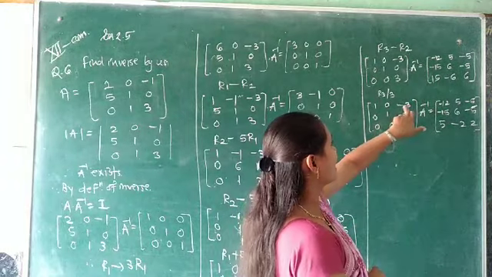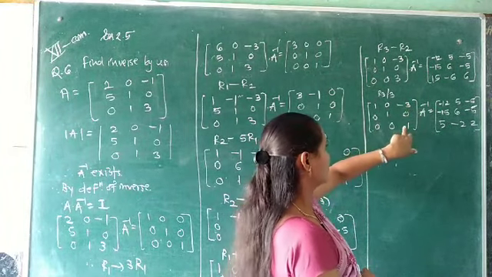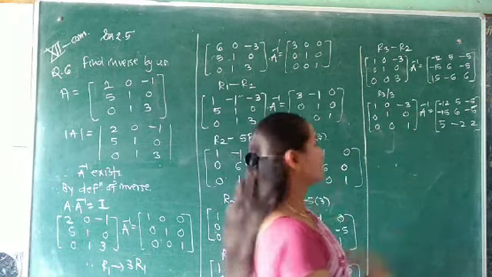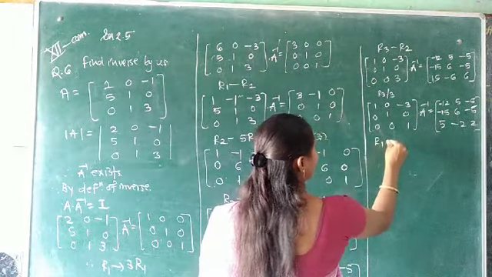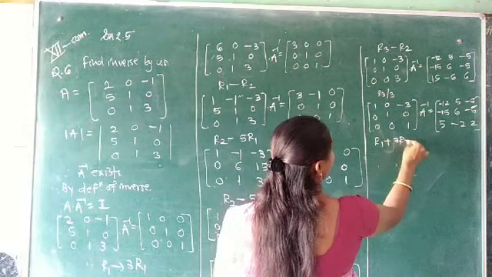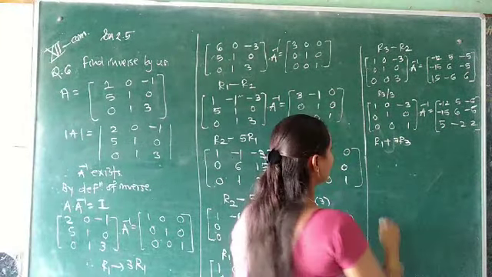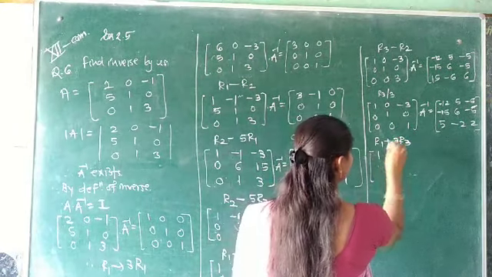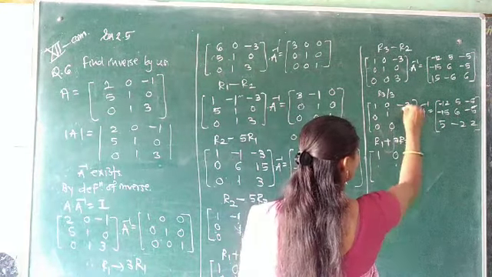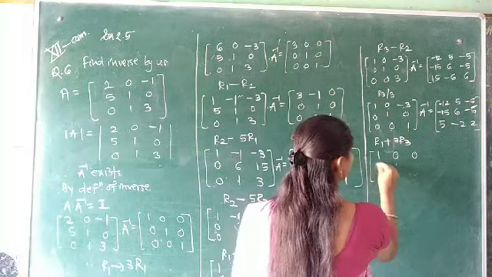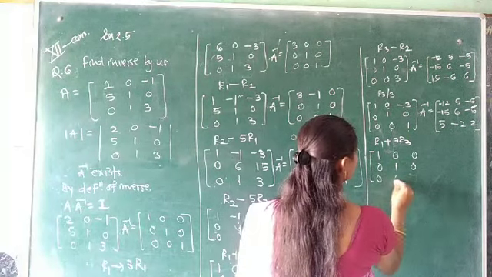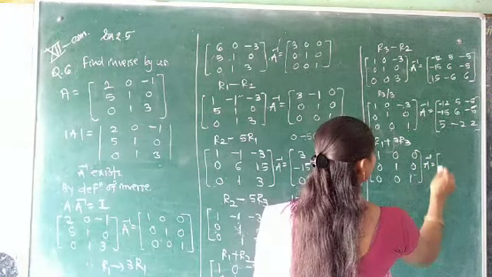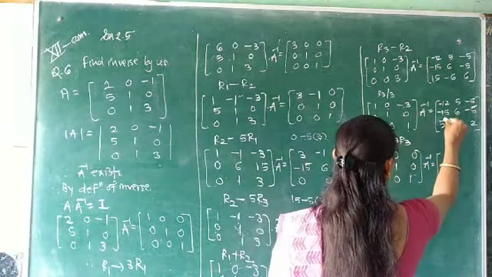Now we have to make minus 3 to 0. So here it is 1. So we multiply R3 by 3 and then take addition of these two. R1 plus 3R3. That is 1 plus 0, so it is 1. 0 plus 0, 0. Minus 3 plus 3, 0. 0 1 0 and 0 0 1 into A inverse. Now see R1 plus 3R3.